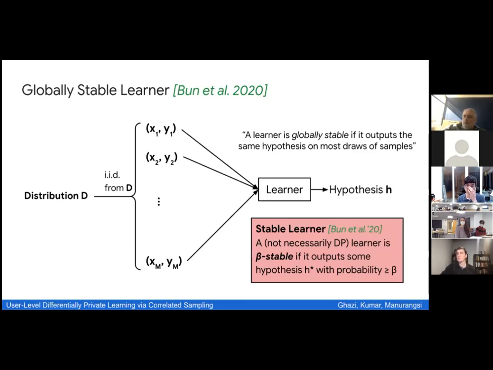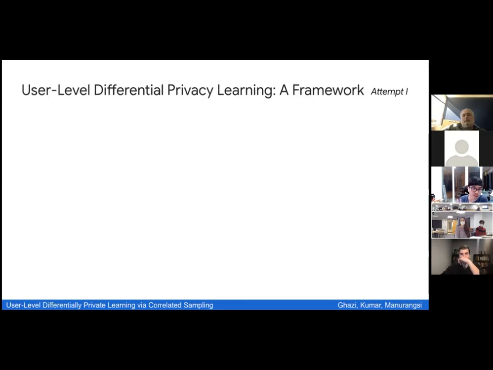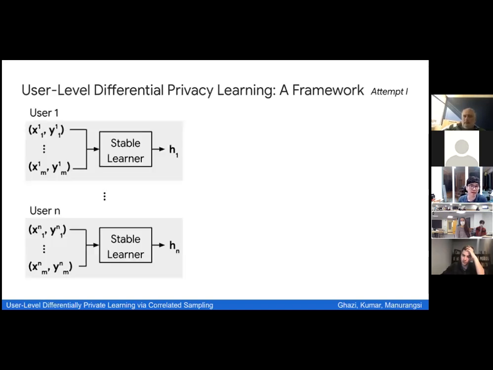Okay, so Ban et al. show that you can use a stable learner to get a differentially private learner even in the item level setting. Here I'm just going to translate the reduction to the user level setting and see what happens. Probably the most natural way to translate the learner in this setting is as follows. You just let each user i run such a stable learner to get a hypothesis H_i.